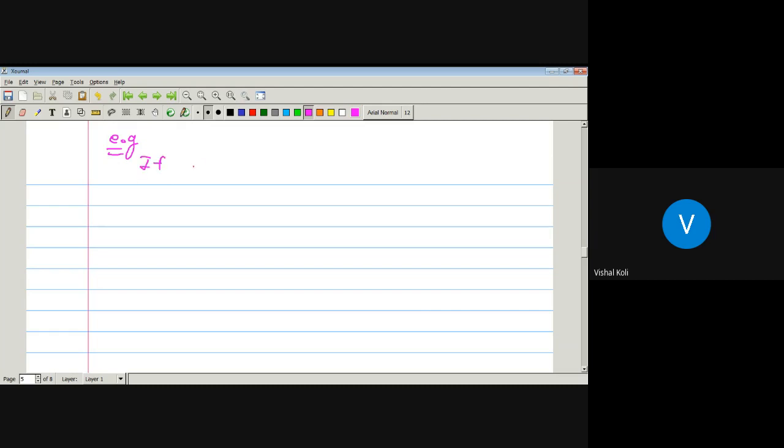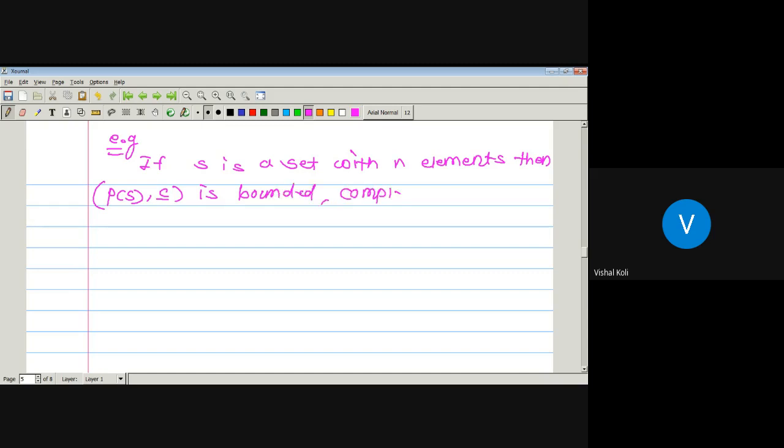So if S is a set with n elements, then the power set of S with inclusion relation is a bounded, complemented, and distributive lattice, and hence the power set of S with inclusion relation is a finite Boolean algebra.